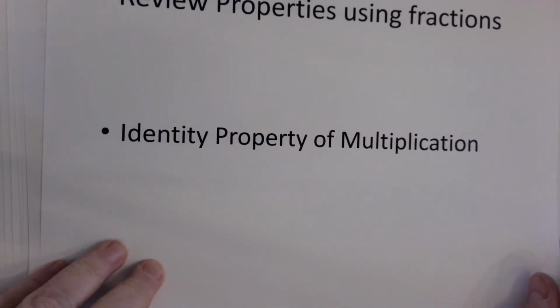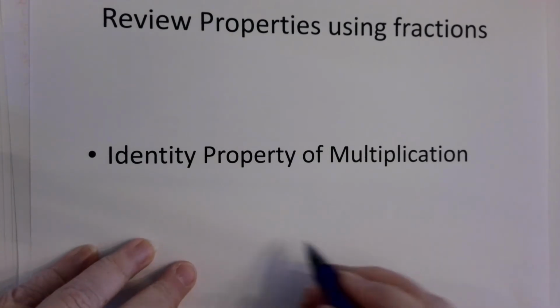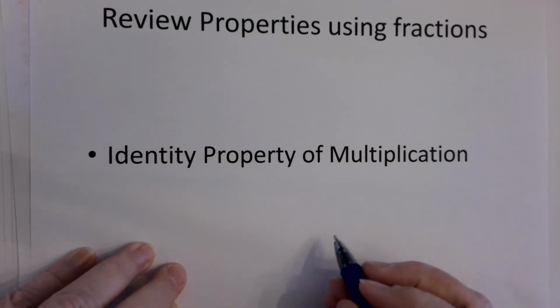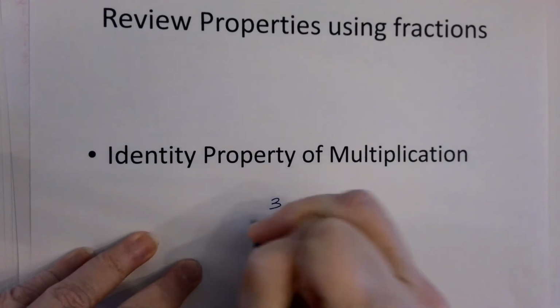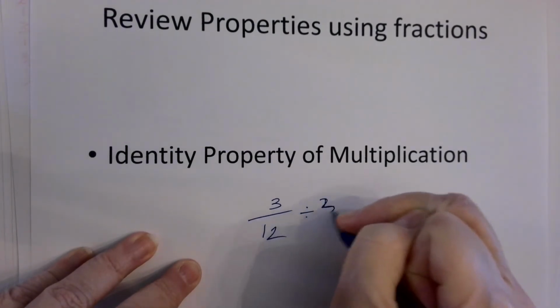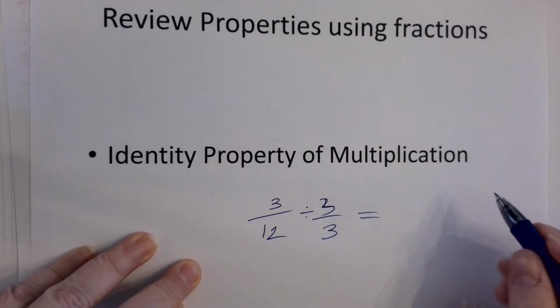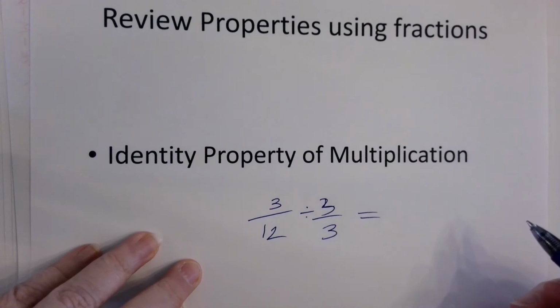There's something called the identity property of multiplication, very important for reducing fractions or changing their denominators. If we have a 3/12 and we divide it by 3/3, that's just 1. You can divide something by 1 and still get the same number.